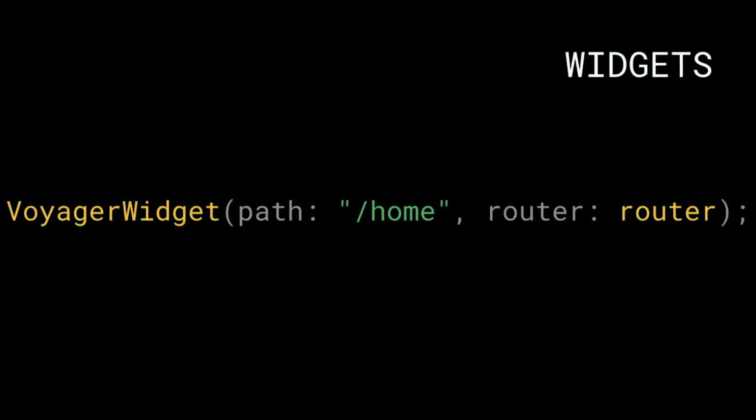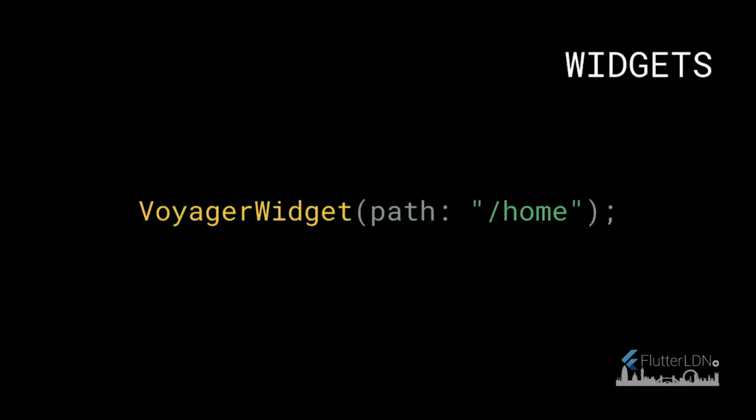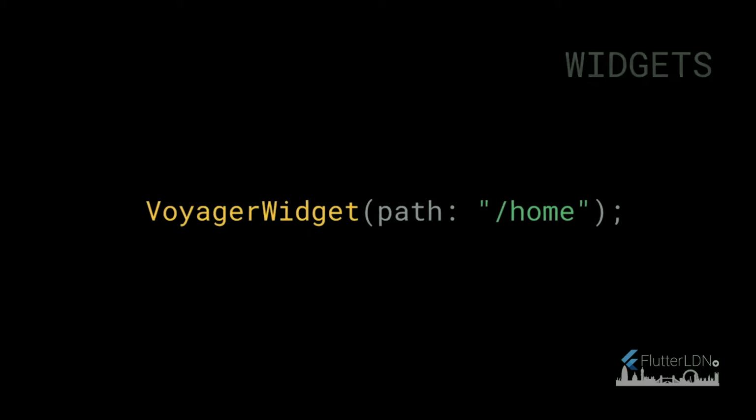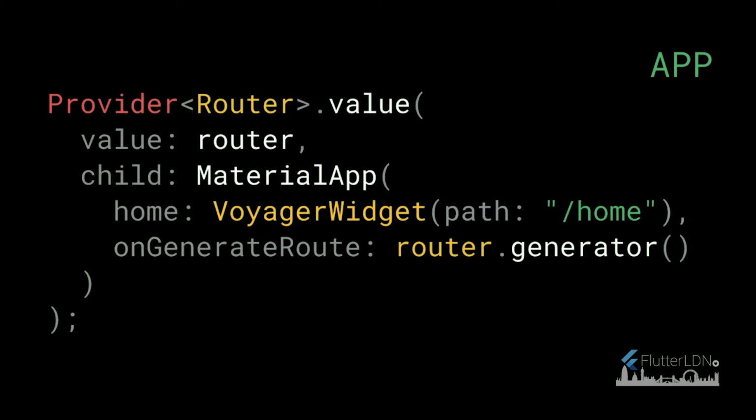And here's how you use Voyager within your widget, among your widgets. Essentially, you specify a path, a router, and your screen is embedded where you want it. Even better, you can just omit the router altogether, but to do that, you should provide your router above Material app.